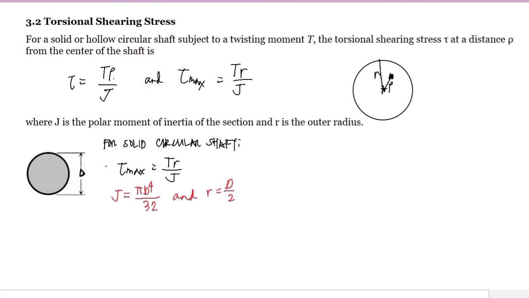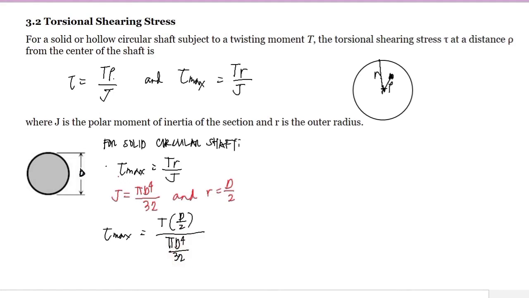So we substitute these values in our equation, and we have the maximum shearing stress is equal to the torsion multiplied by diameter over 2, which is the radius, over the polar moment of inertia pi d to the fourth over 32.